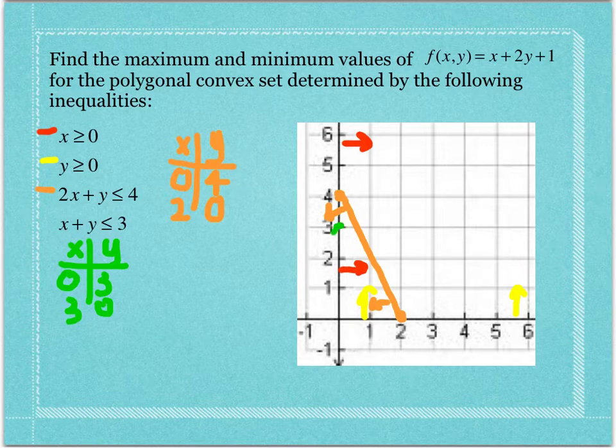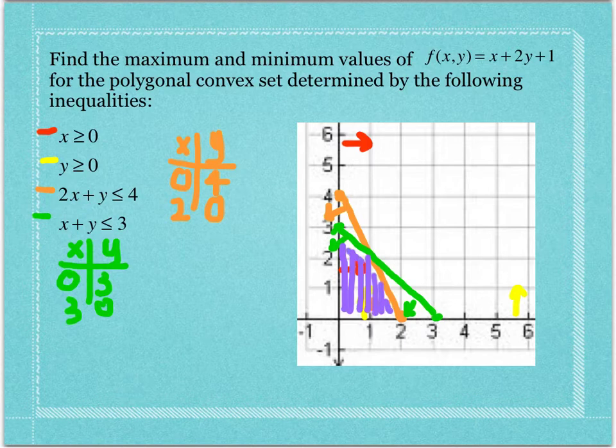I put my dots here and here, and connect those up like this. Again, the shading would be to the inside, to the left, because of the less than or equal to sign. I'm going to change colors so you can see what the final region is, where all of these shadings intersect. I think you can see it would be right in here, wouldn't it?